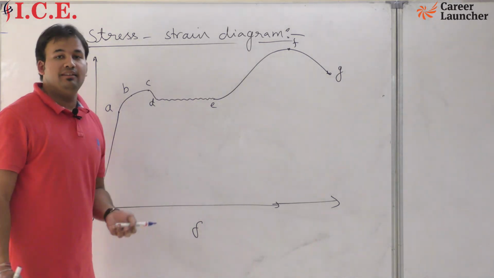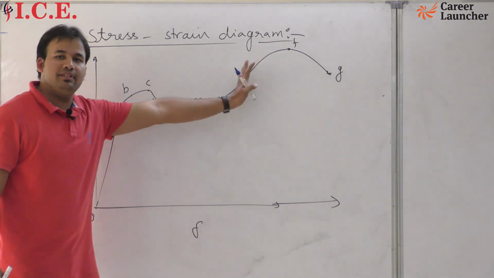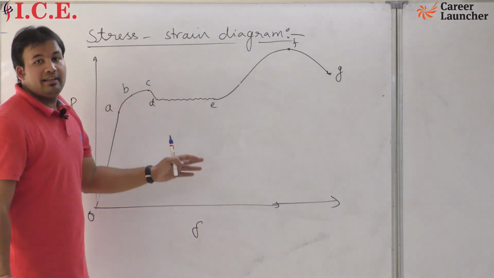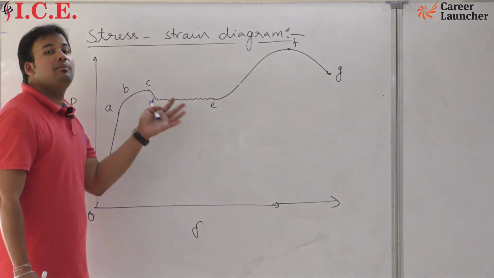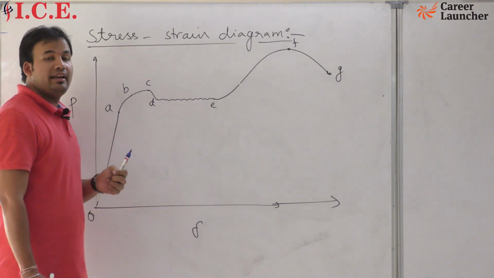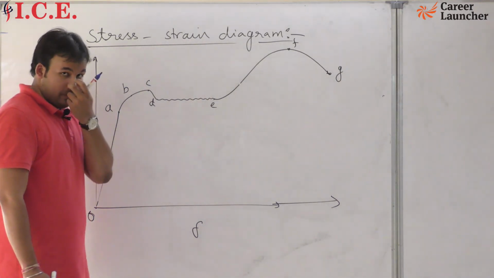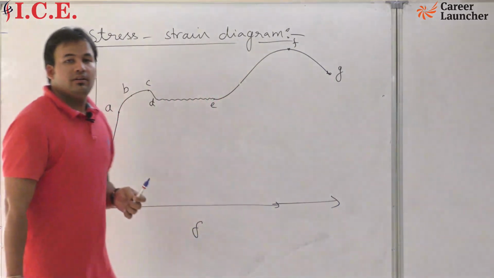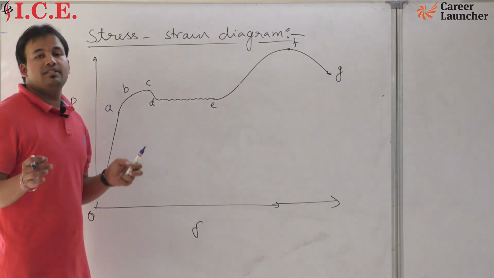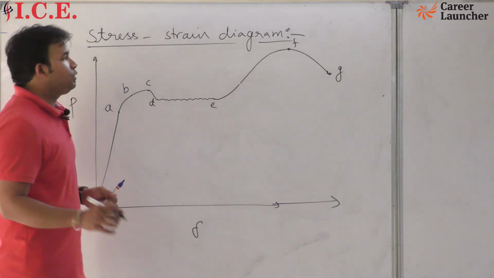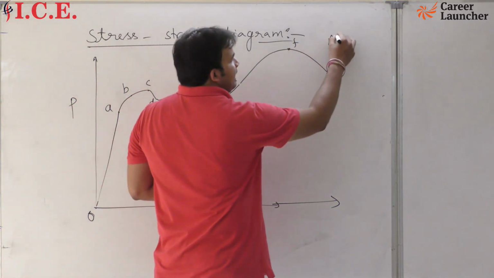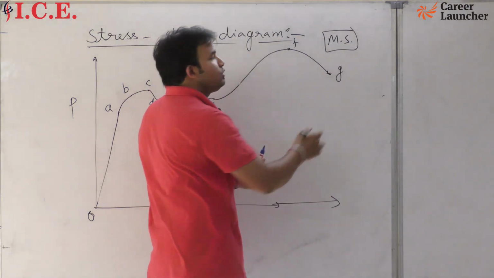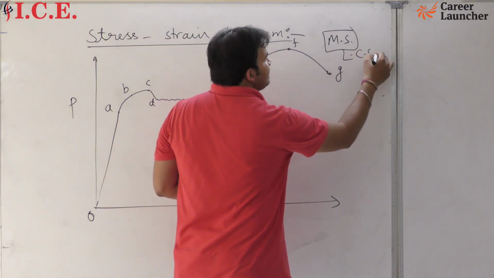But for which material? The cross section we have fixed. Now for which material will this curve be? Can anyone tell me? For the load versus deformation diagram, we always take the specimen as mild steel, which is also known as low carbon steel.